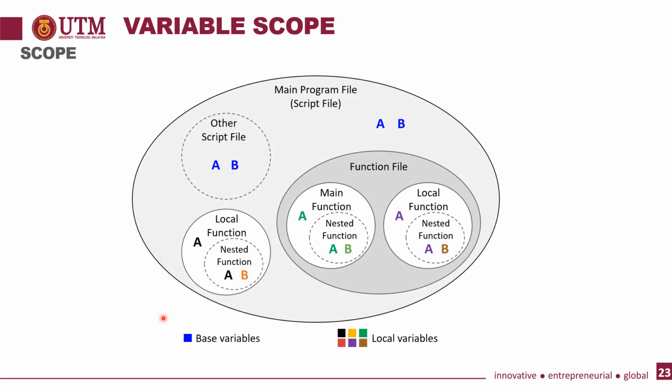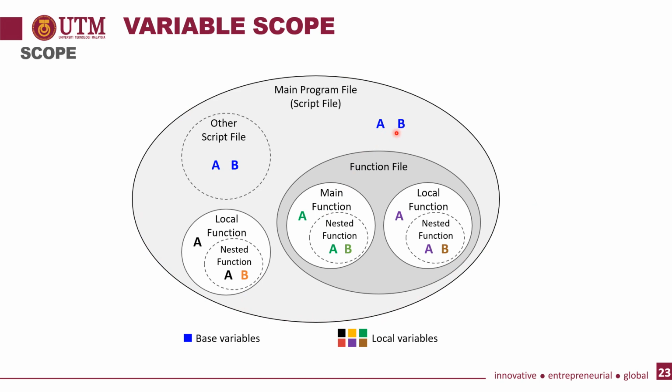This is actually the scope of the variables. The blue color shows the base variables, and the others show the local variables. The base variable is visible inside the MATLAB workspace, but the local variable is not. Let's say you have a script file, the main file.